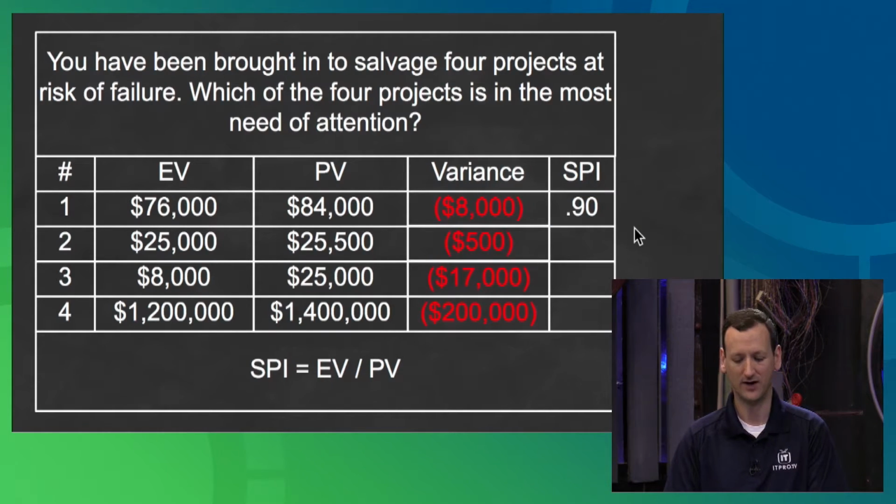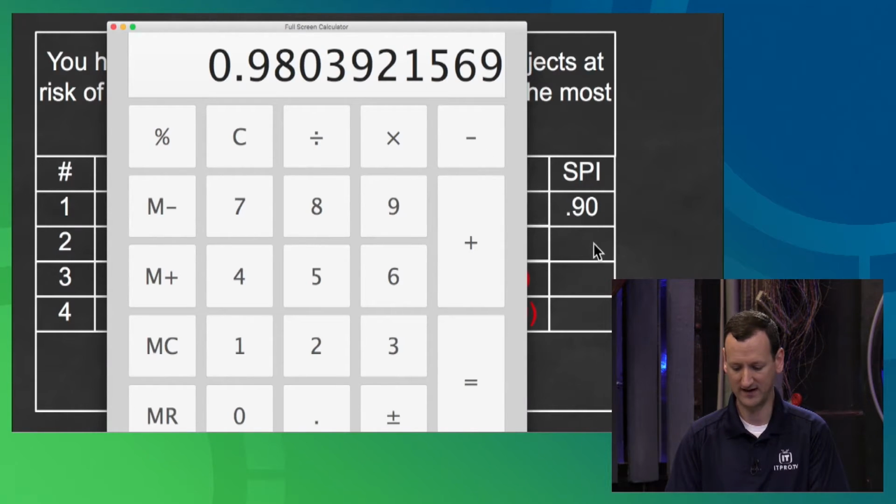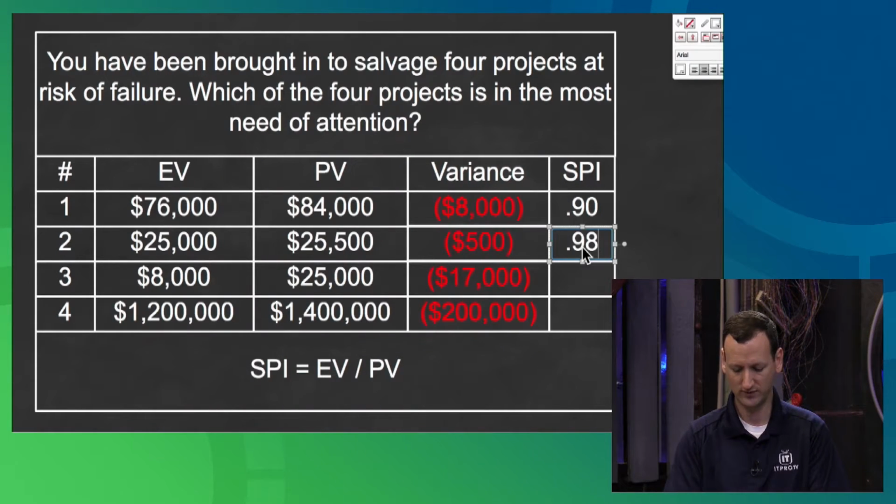All right, and then we'll move down the line here and go to the next one, which is 25,500. So we need to do 25,000 divided by 25,500, and that's going to be 0.98. And then we just keep going, and all I'm doing is earned value divided by planned value, right? I'm applying the formula that we've got right here.